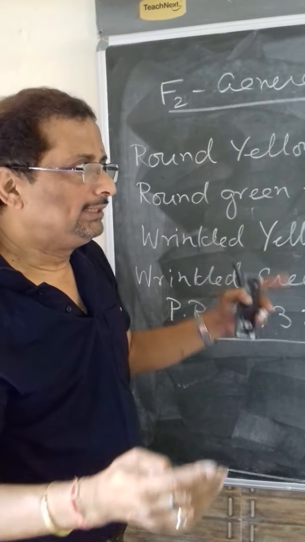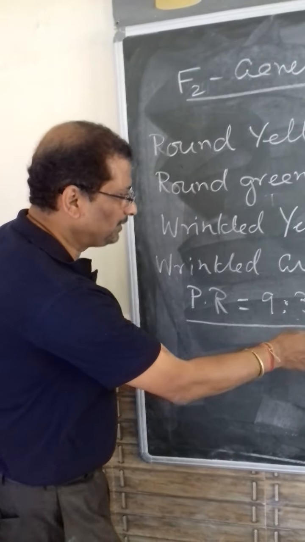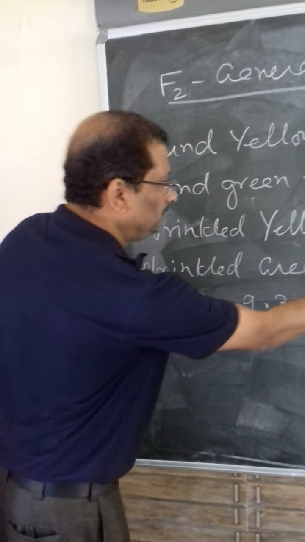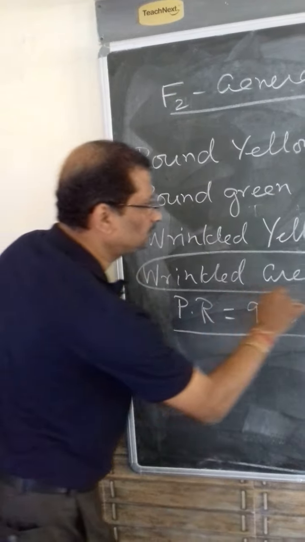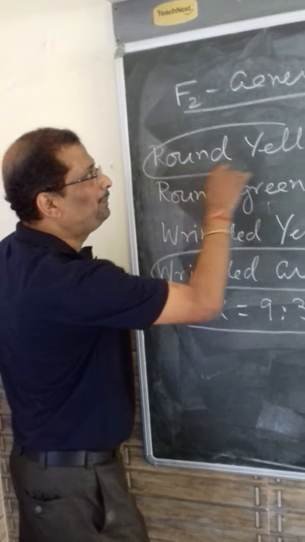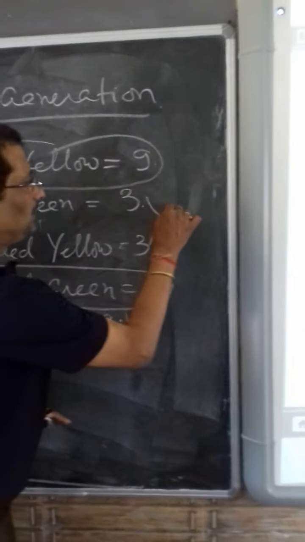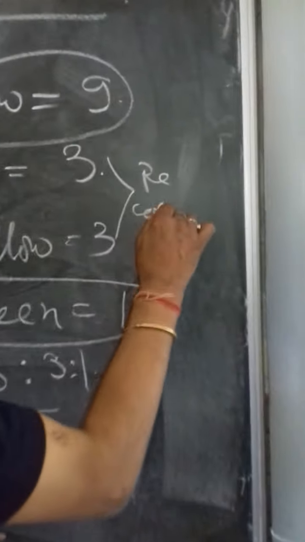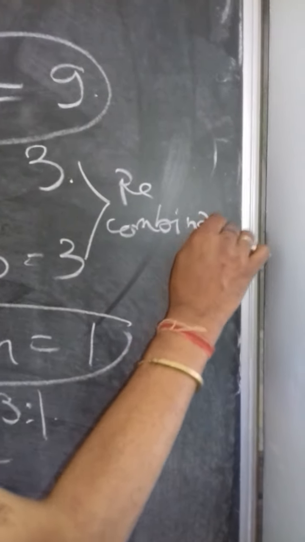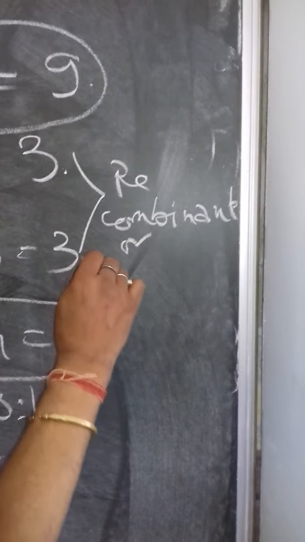How do we know that? We know that because we see here that these 2 characters are the parental characters which we started with, that is round yellow and wrinkled green. And these 2 are called the recombinants or the variants.